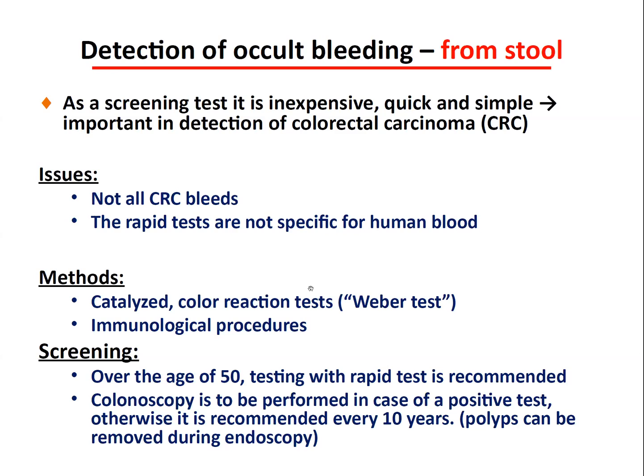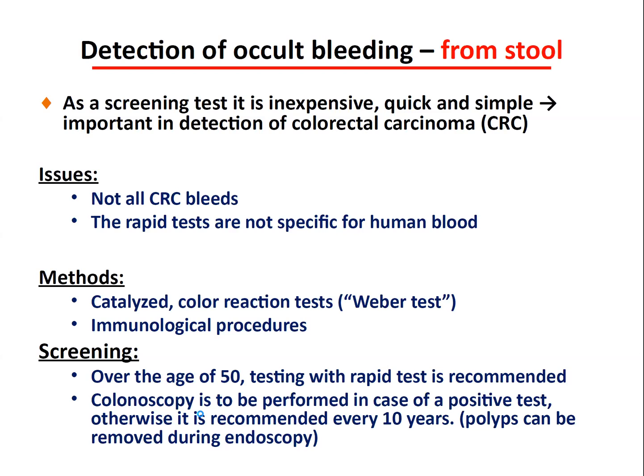Now, how can we detect this occult bleeding? What they usually use in the lab is the Weber test, and another very fast test that detects the hemoglobin, or not the heme, the catalytic unit that is detected by the Weber test.